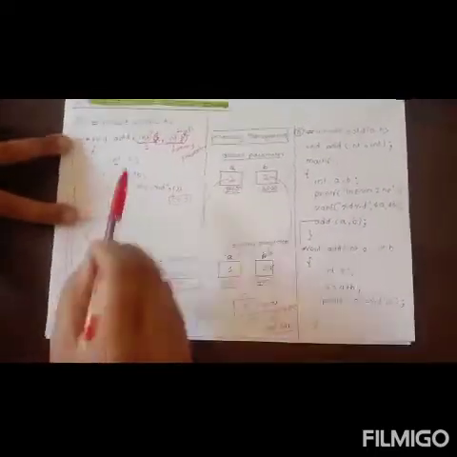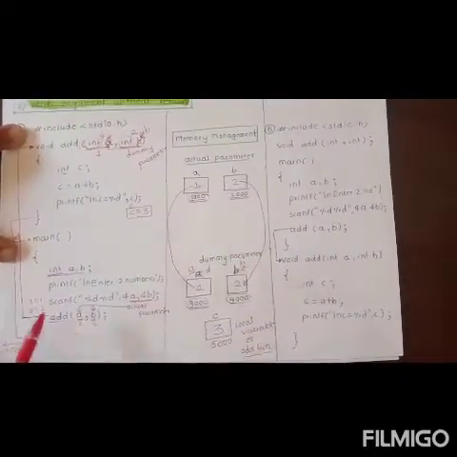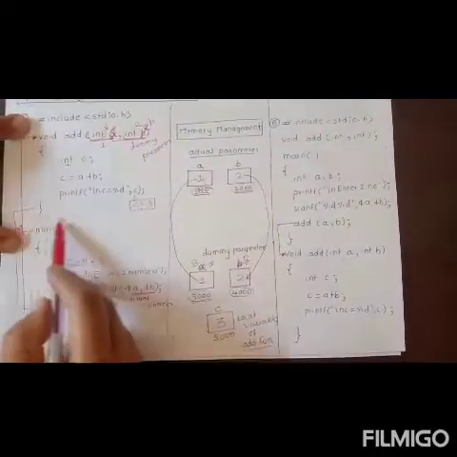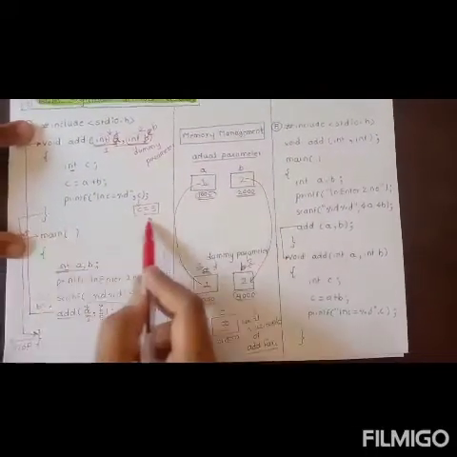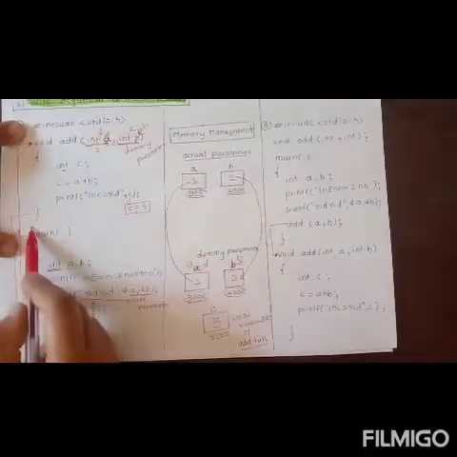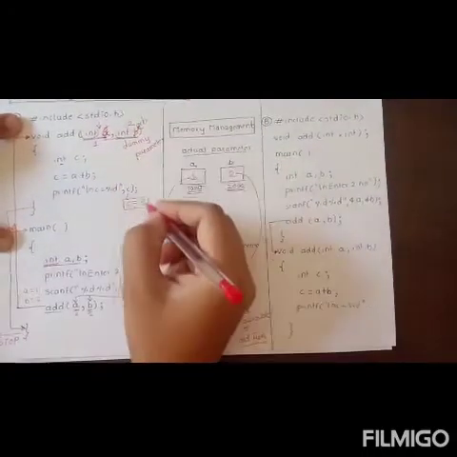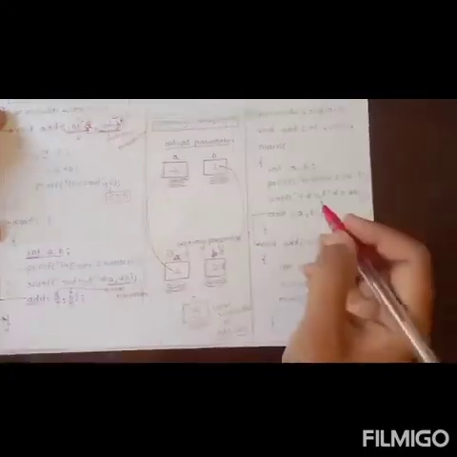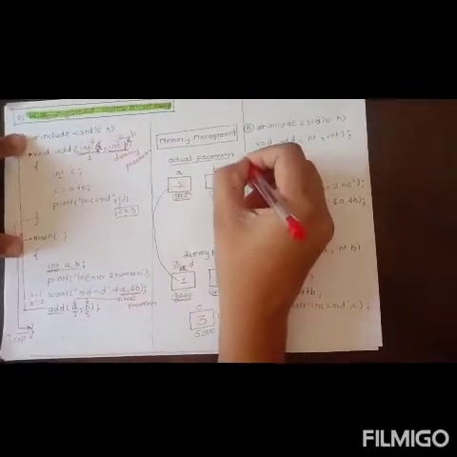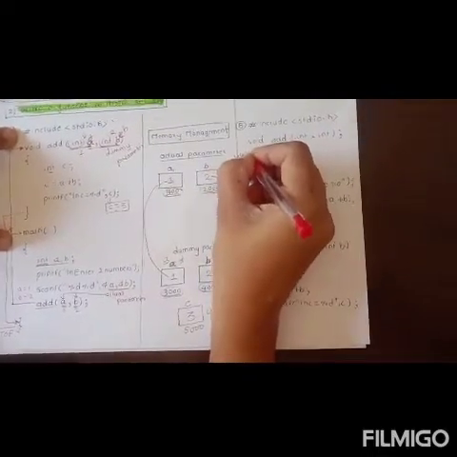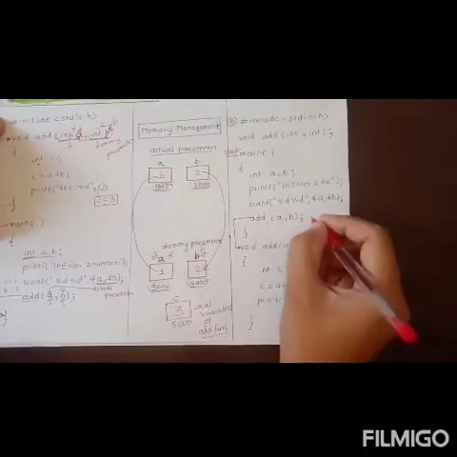So this is your first style of writing: your header file, your main function, and in between we add the definition of a user defined function. If you observe here, the prototype declaration is not written, only the function call and the function definition. Whereas in this B style, the program starts with your main function. Here we call the function. This is what?